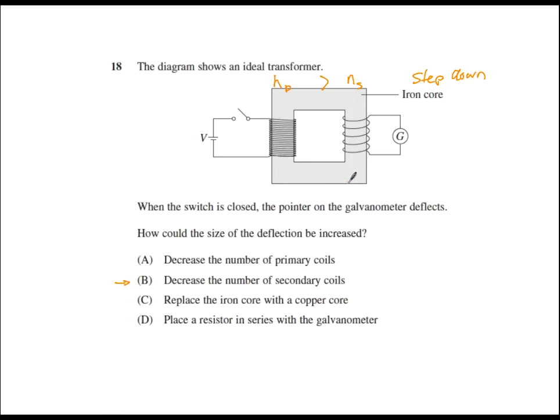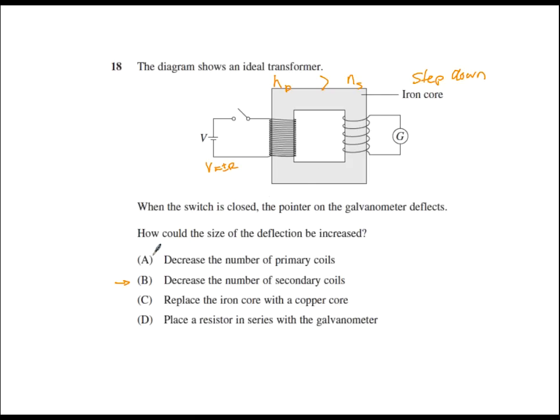Unfortunately, there's a slight problem with this question. Because you've got a load here, if we reduce the number of turns here, because of Ohm's law, V equals IR, the current actually increases. Since the current automatically increases because power in equals power out, by increasing the current here, you're going to increase the current over here.